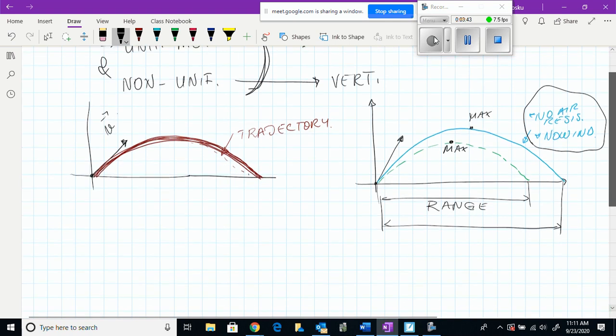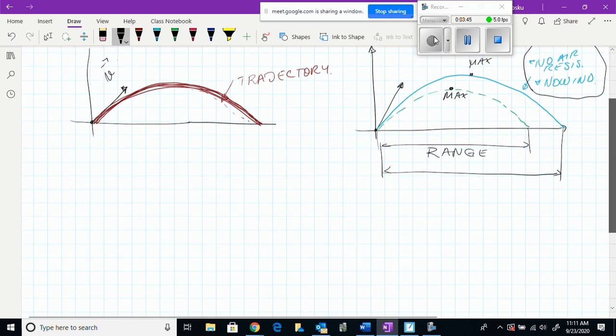Okay, so now, since projectile motion is a combination of two independent motions, one along the horizontal and the other along the vertical, the best thing that we know how to do here in physics is to break the initial velocity down into a horizontal and a vertical component.